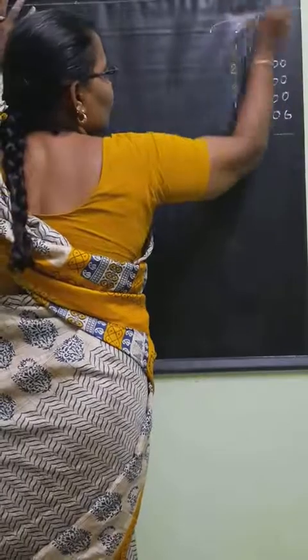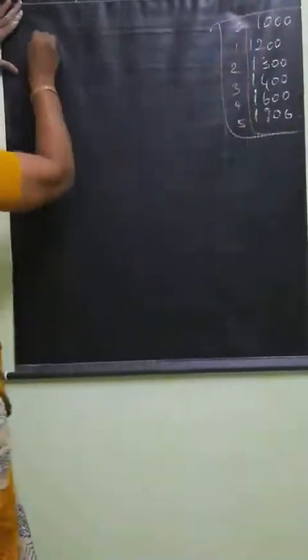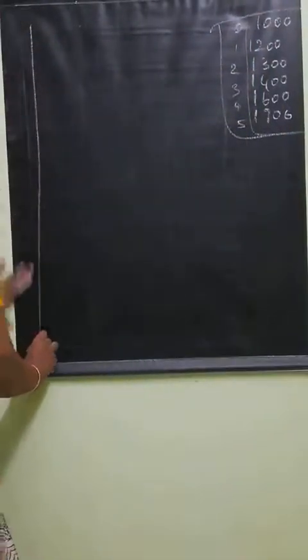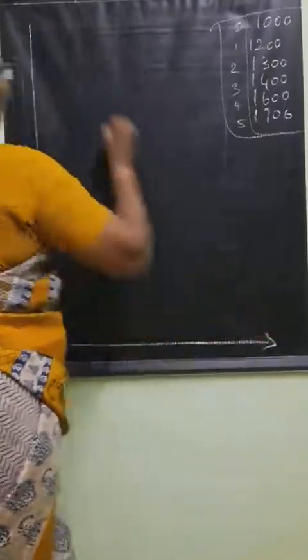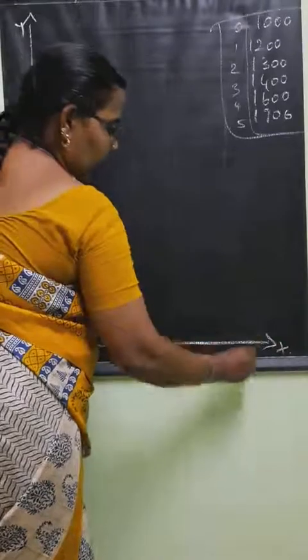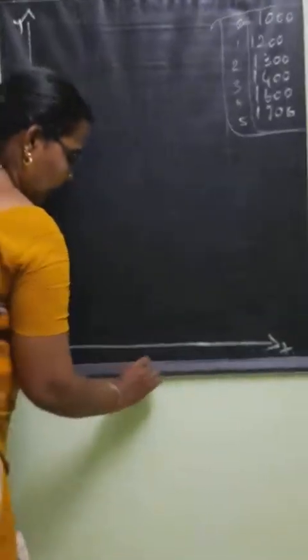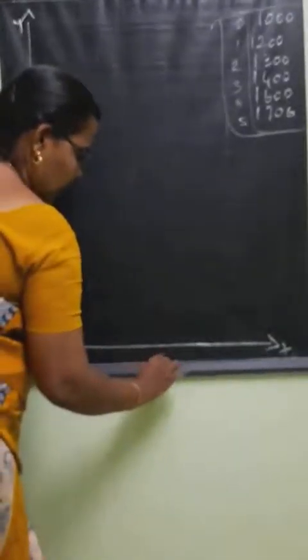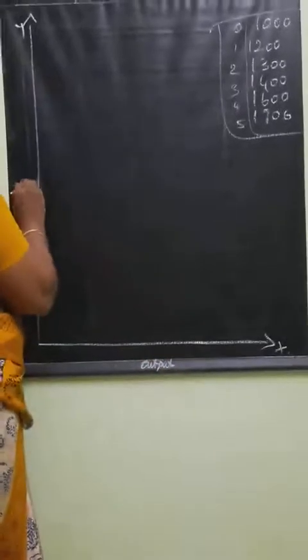This is the total cost curve, isn't it? This is the tabular column. So let me draw the tabular column, because I have to write up to 1900. So I have rubbed the tabular column. I think you remember.